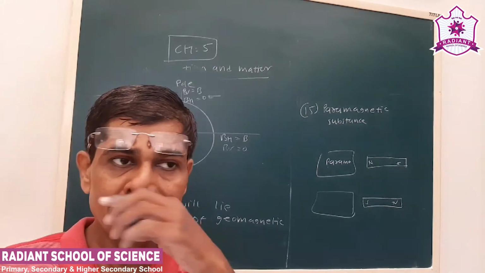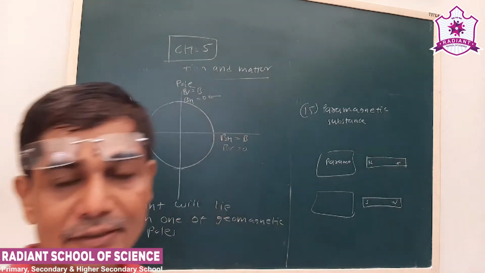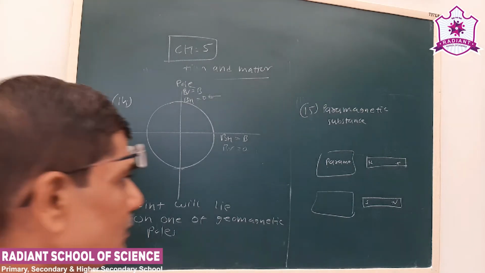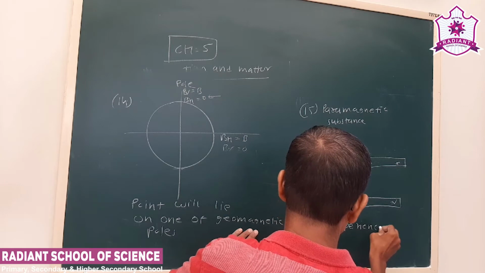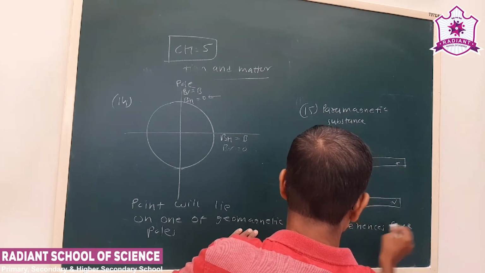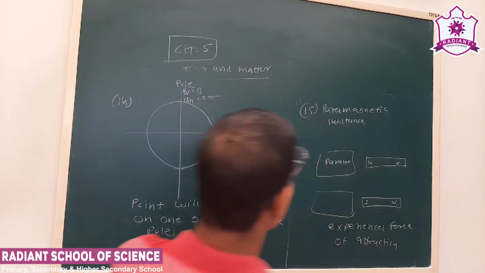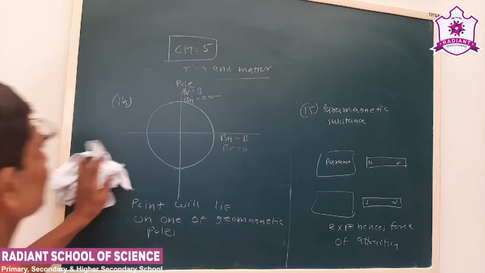Why? See, in a paramagnetic substance the dipoles are such that when it is placed in an external field, it experiences a force of attraction. So it experiences attraction. Okay, see our next MCQ, that is MCQ number 16.